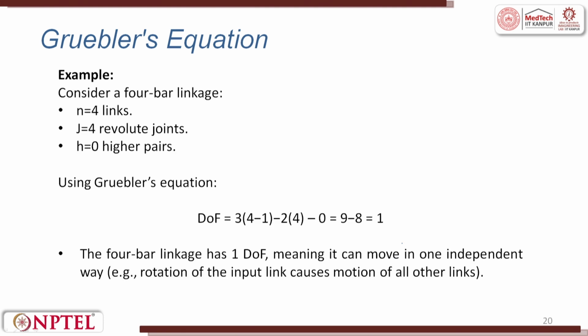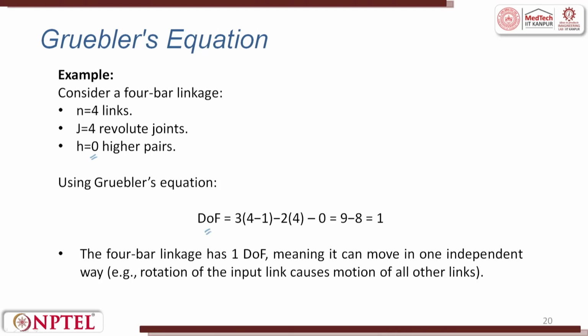So, let us try to solve an example using Euler's equation. Consider a 4-bar linkage where n is equal to 4. Number of joints, or revolute joints, are 4. Higher pair h is equal to 0.